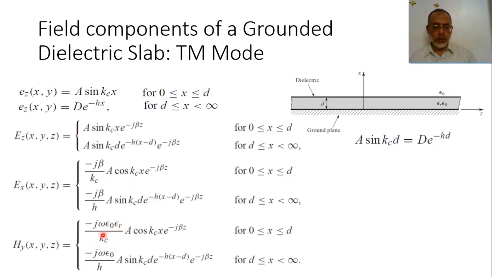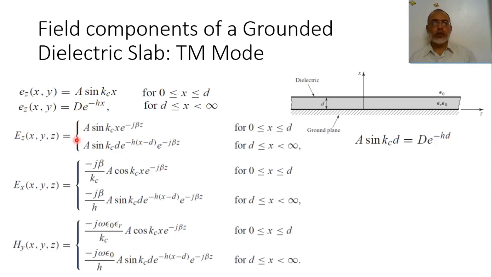So it would be minus j omega epsilon naught epsilon r over kc A cosine kcx e to the power minus j beta z. In the air region it would be minus j omega epsilon naught over h A sine kcd e to the power minus hx minus d e to the power minus j beta z. It can be noted here that all the field components now are in terms of the amplitude A.